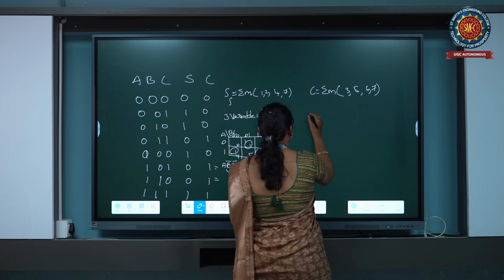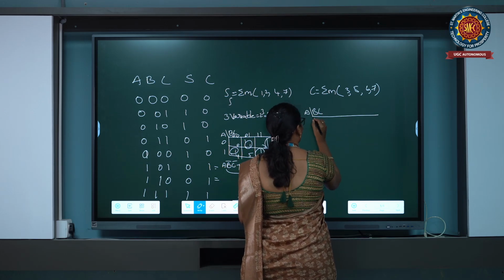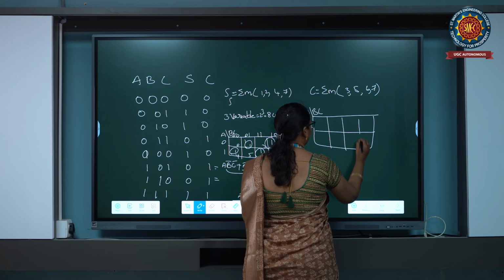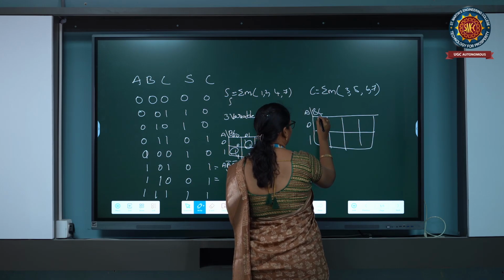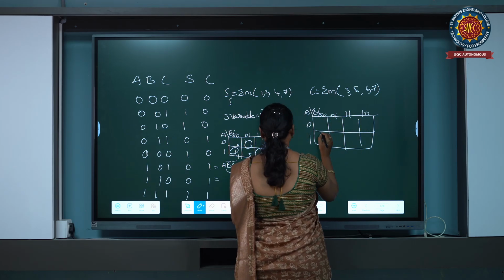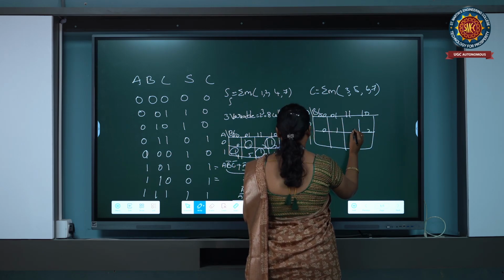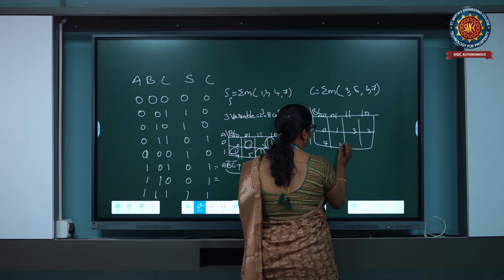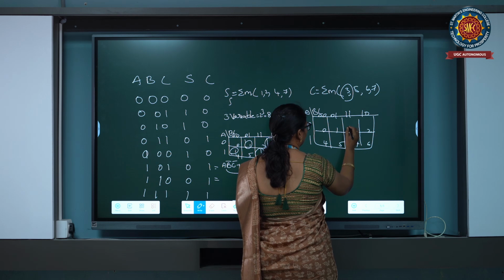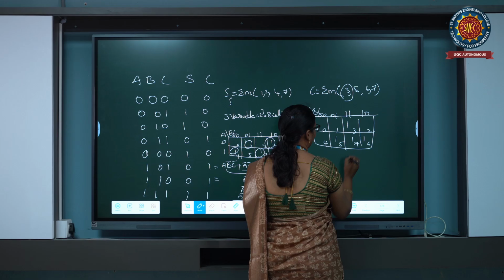If we mark them using a 3 variable K-map, with 0, 0, 0, 1, 1, 1, 1, 0, the minterms associated with these cells are 0, 1, 2, 3, 4, 5, 6 and 7. At places 3, 5, 6 and 7 we have 1.